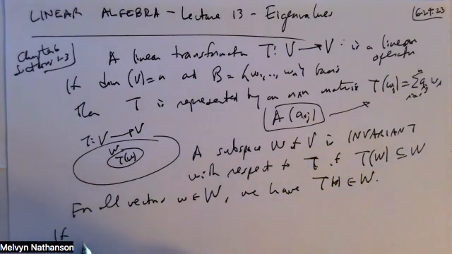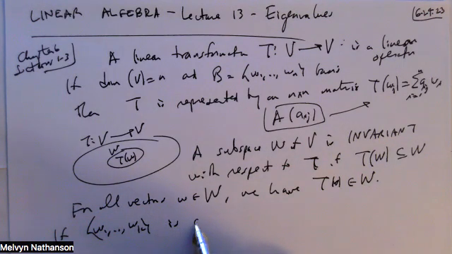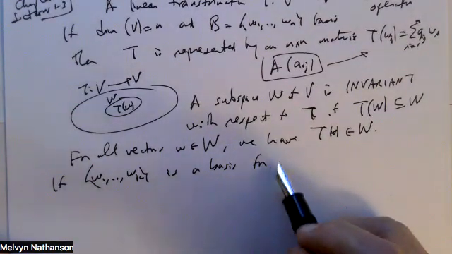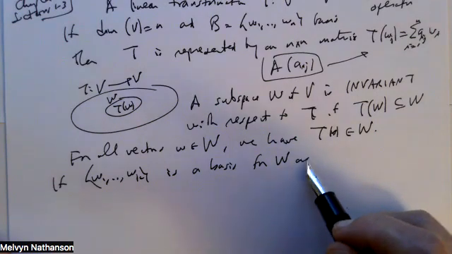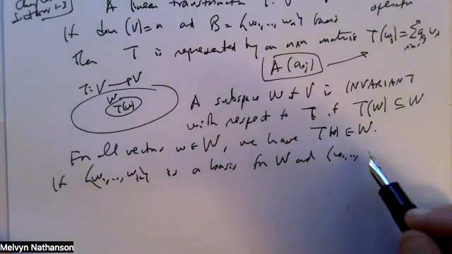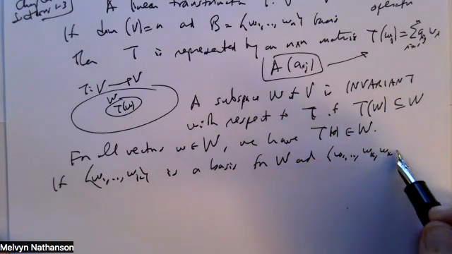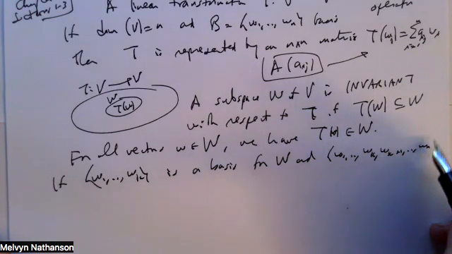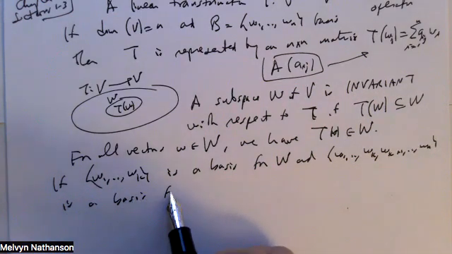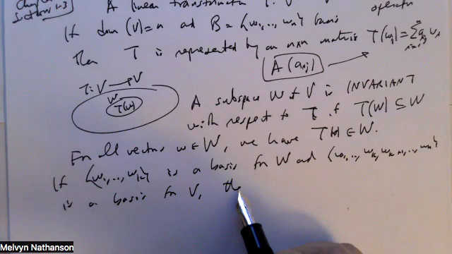So if, for example, W1 up to Wk is a basis for W, and we extend this to a basis for V, W1 up to Wk, Wk plus 1 up to Wn is a basis for the whole vector space.